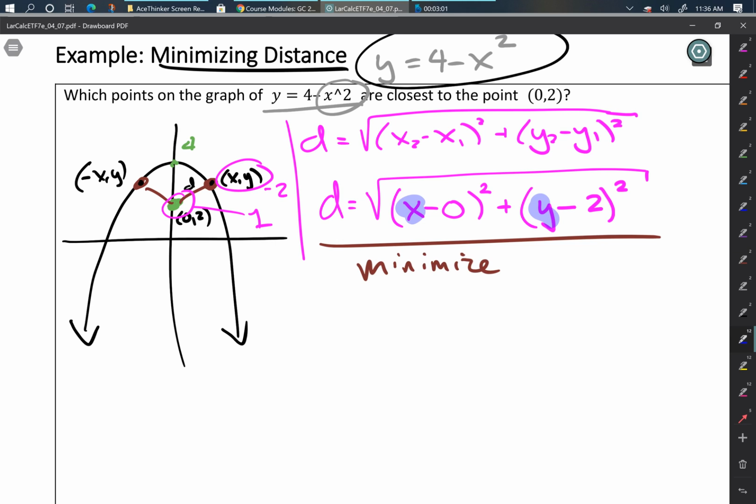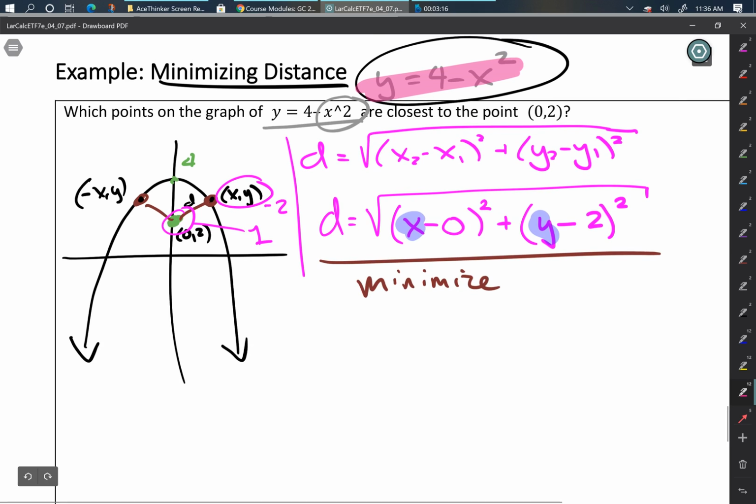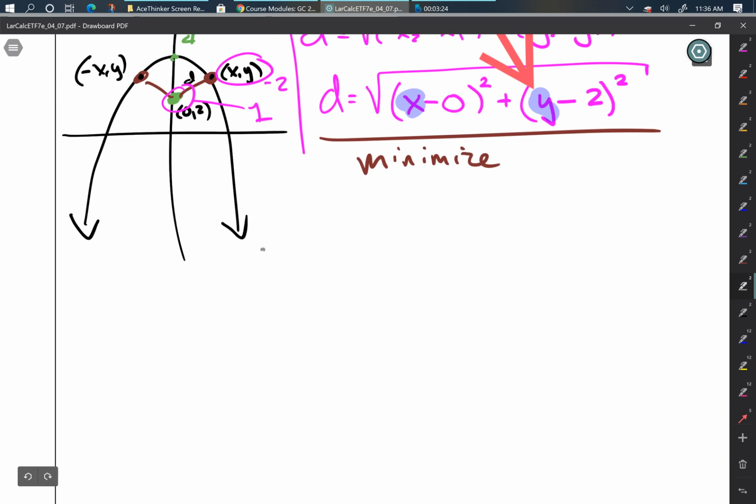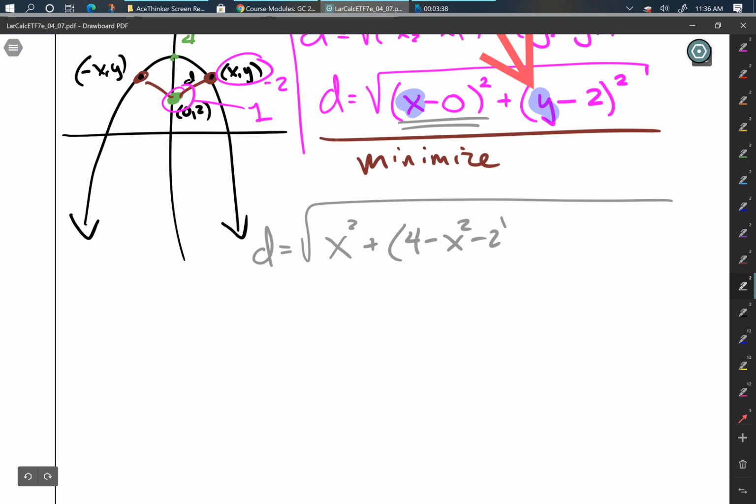So what I'm going to do is find some other thing here and do a substitution. Now that other thing is literally already highlighted and circled for us. It's that y is the same thing as 4 minus x squared. And that's the substitution I'm going to use right there. Okay? So when I use that substitution, I then get this statement. d is equal to the square root of x squared, that's this first set of parentheses simplified, plus (4 minus x squared minus 2) squared.